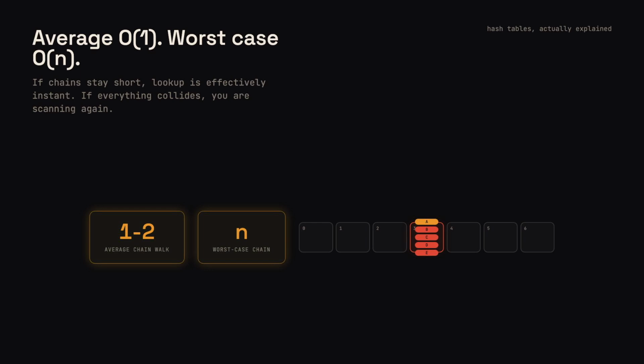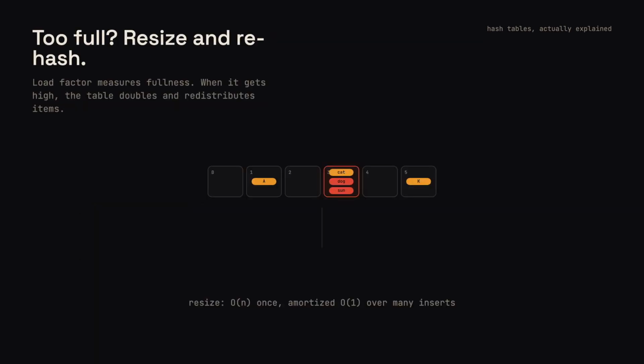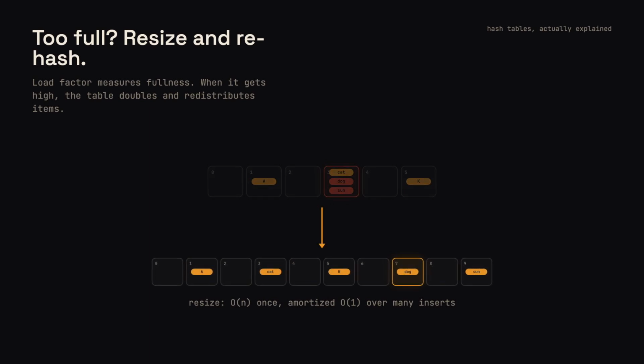This is why a hash table's real world speed depends entirely on how good the hash function is and how full the table gets. That fullness has a name: load factor. How many items you have stored divided by how many slots exist. As the table gets full and collisions stack up, chains get longer and your beautiful big O of 1 quietly degrades toward big O of n.